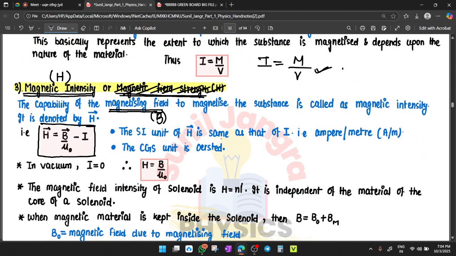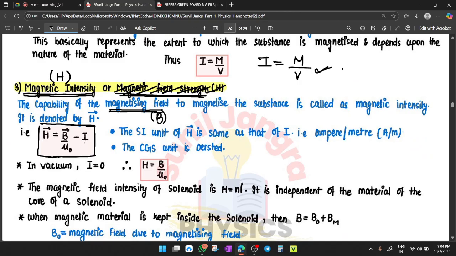The SI unit of H is the same as that of intensity of magnetization I, that is ampere per meter. By the dimensional formula, you can subtract only quantities having the same dimension.